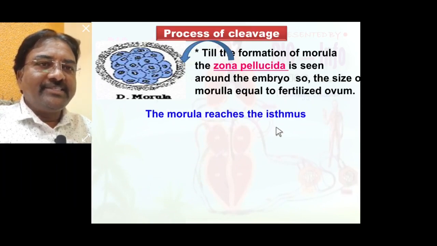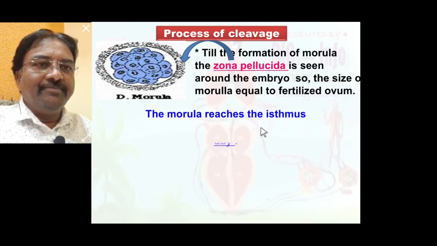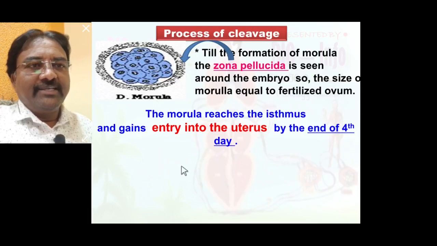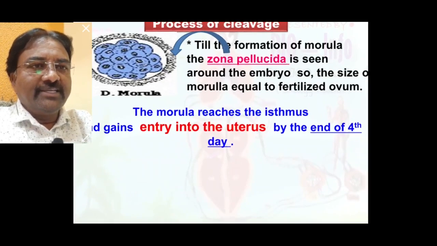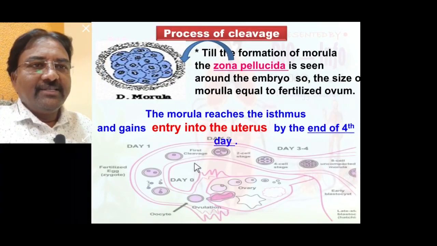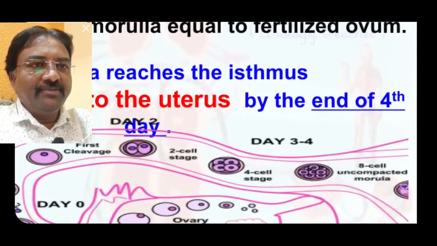The morula reaches the isthmus part of the oviduct or fallopian tube and gains entry into the uterus by the end of the 4th day. So this is the noted point: end of the 4th day, entry into the uterus, morula stage. The morula reaches the isthmus because the isthmus opens into the uterus.